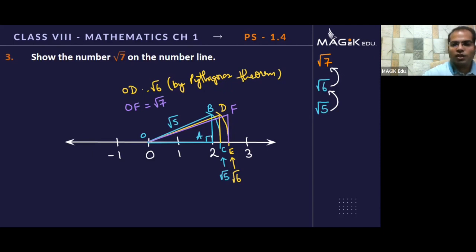And if OF is root 7, compass on O, pencil on F, measure, cut an arc, put G. And this is your root 7 on the number line. So point G represents root 7 on the number line.